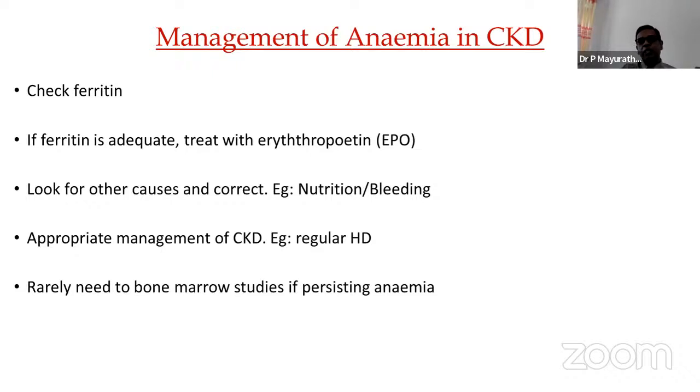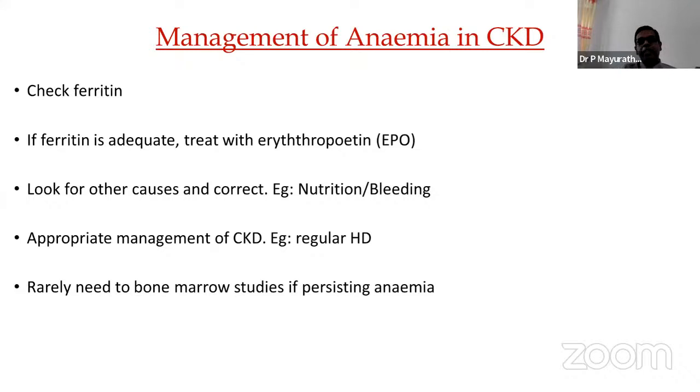So blood picture is the first investigation, followed by the ferritin level. We specifically look for the ferritin level before we start the erythropoietin, because erythropoietin is a hormone which will be effective if the patient has adequate iron stores in the body. Therefore, we should make sure the ferritin level is adequate before we give the erythropoietin.